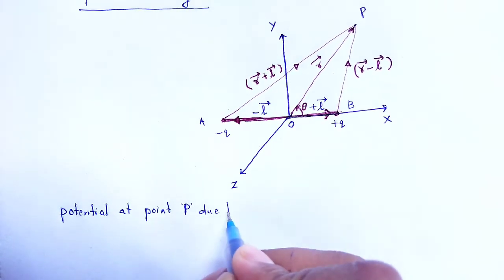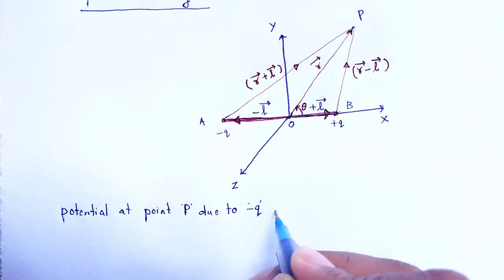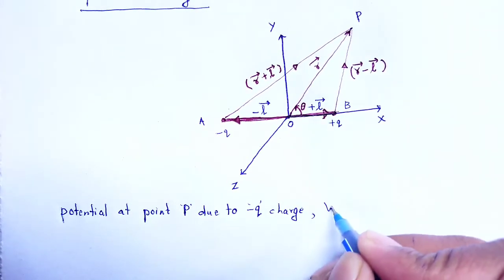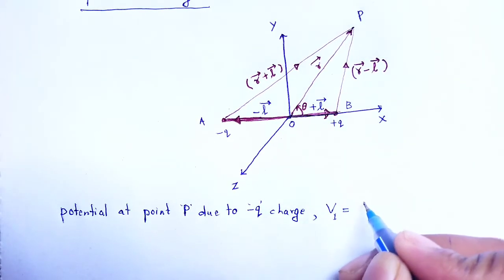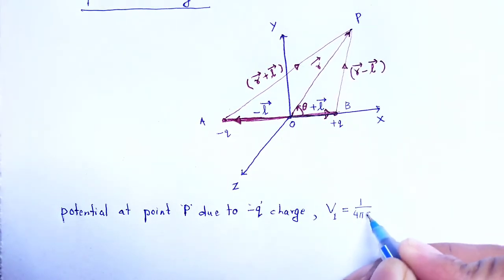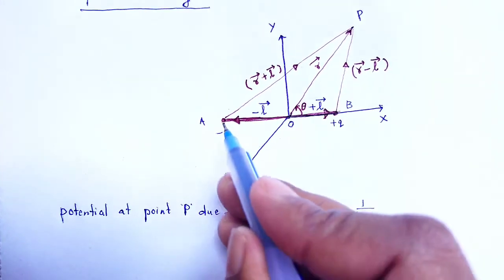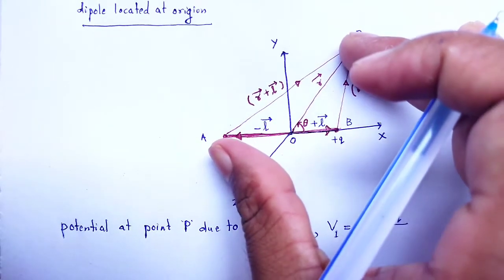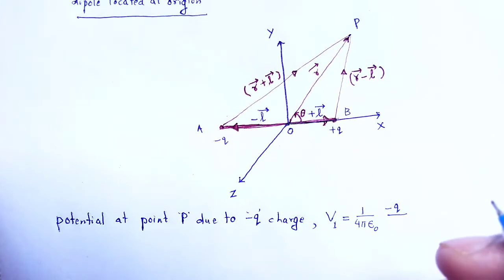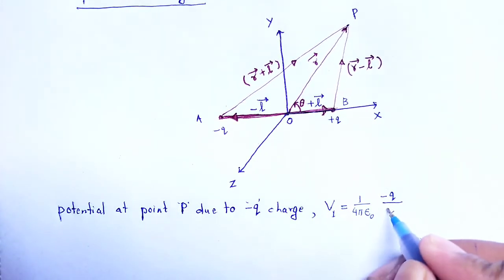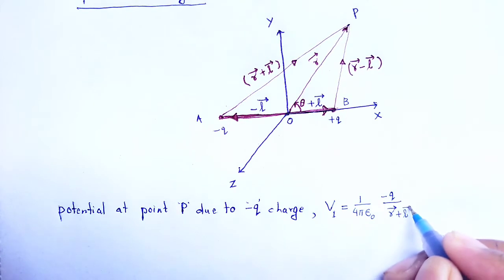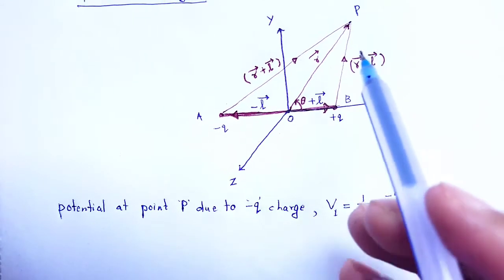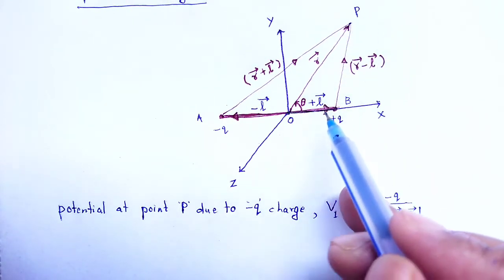That is V1, which is equal to 1 by 4 pi epsilon naught times charge minus q divided by its distance, the magnitude of r vector plus l vector.